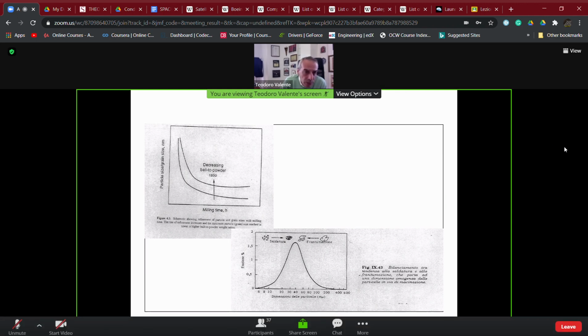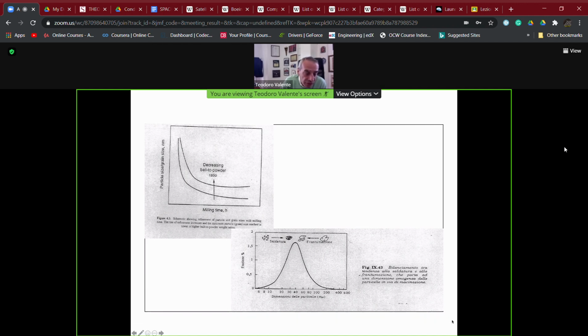I mean, we do reach a sort of equilibrium in terms of final average diameter of the milled and alloyed powders after a certain plateau for what concerns the milling time.